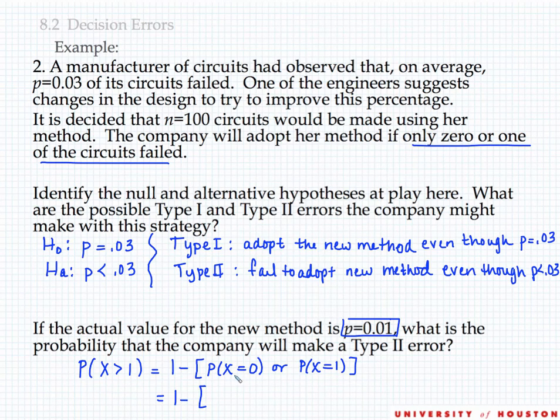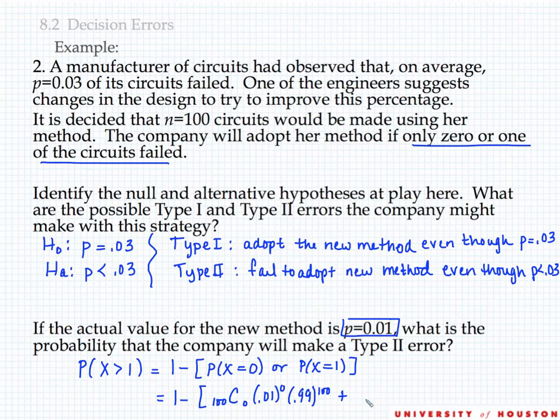The probability that x is 0 with a p of 0.01 would be, we have 100 circuits, so 100 choose 0 for x equals 0, our probability of success to the 0, our probability of failure to the 100.